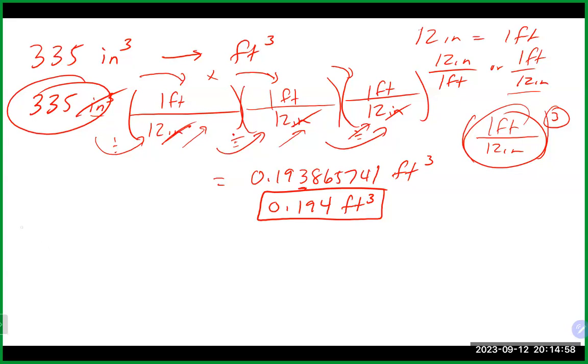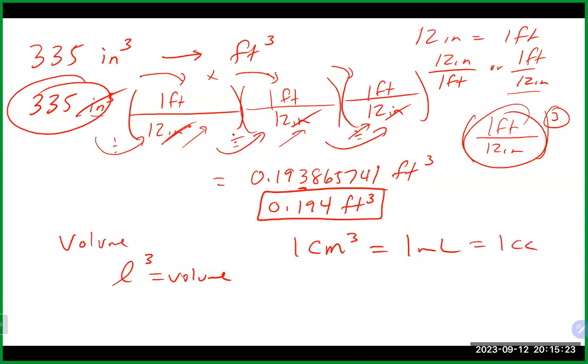By the way, I got a cubic foot, right? Cubic feet is what type of measurement? Length, volume? It is volume, yeah. So when you take a length measurement and you cube it, it is a volume, right? That is why we have something like cubic centimeters, which is the same thing as a milliliter, right? Also 1 cc, which is also a cubic centimeter.